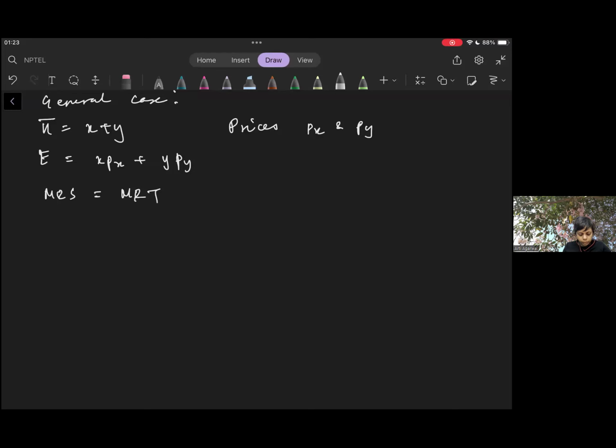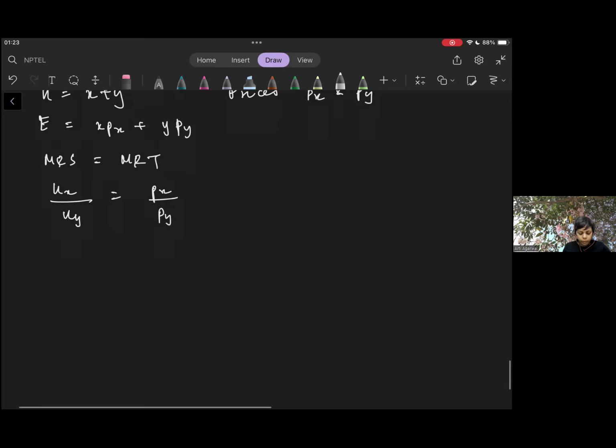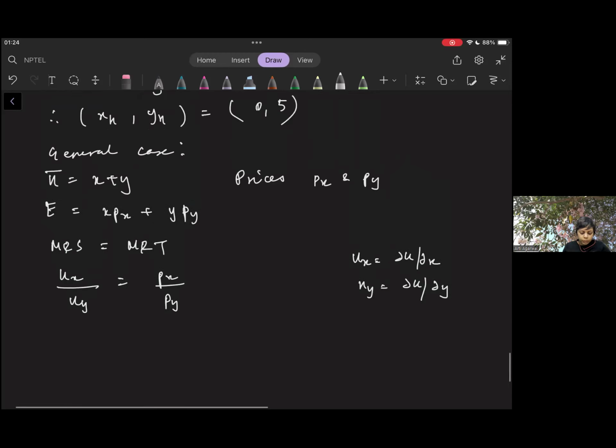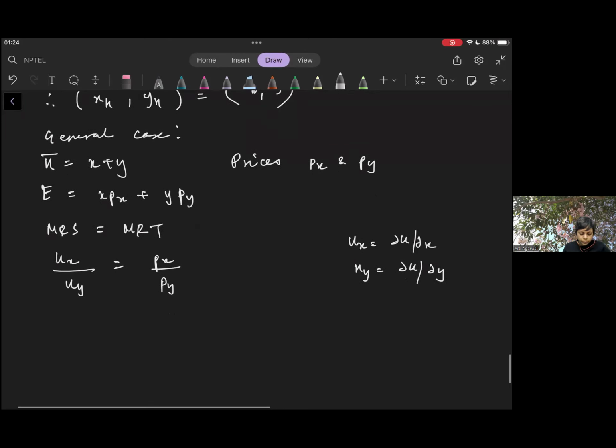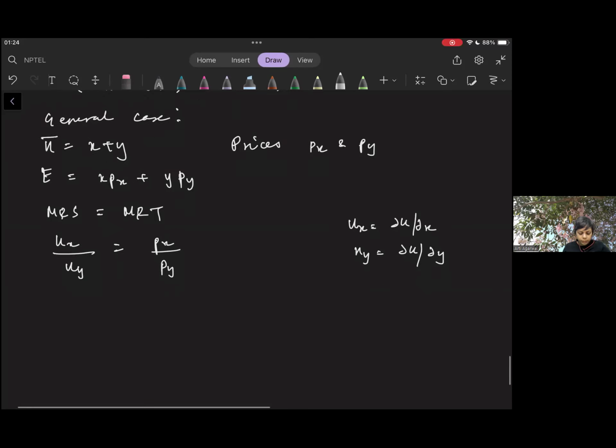This still holds in any case, which means Ux upon Uy is equal to Px by Py. I've removed the negative sign, and here when we say Ux and Uy, we're obviously talking about the general function. Ux means del u by del x, and Uy is del u by del y. We're taking partial derivatives.